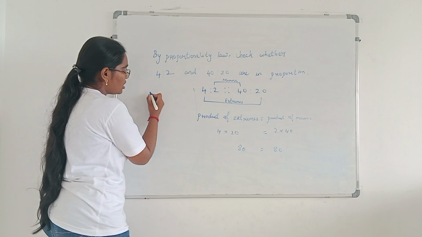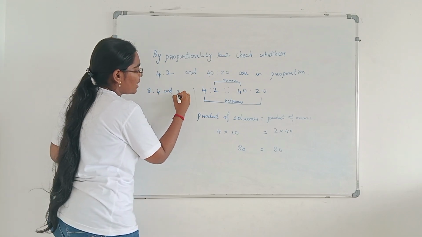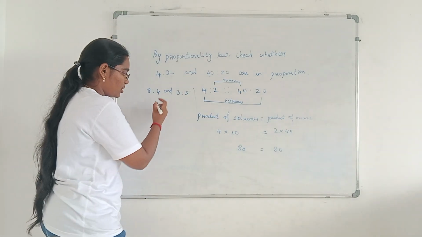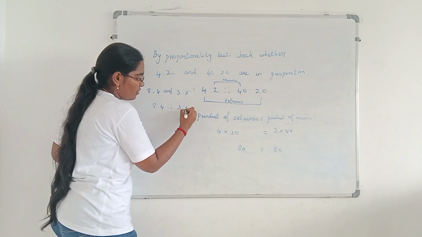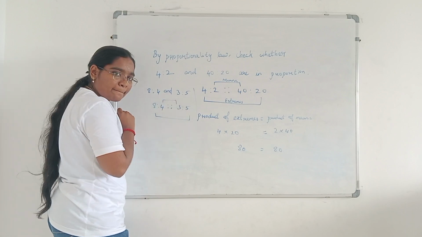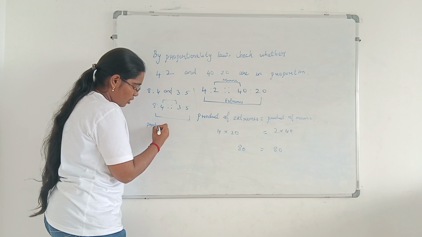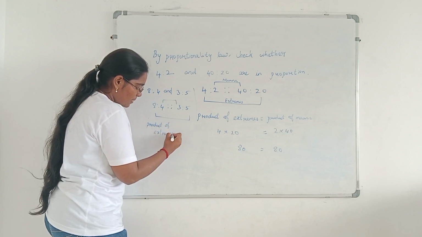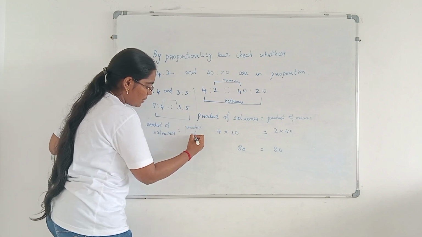For example, we can check 8:4 and 3:5, whether these two ratios are in proportion or not. So first step is 8:4 is to 3:5. These two are extremes. These two values are means. So product of extremes equals product of means.